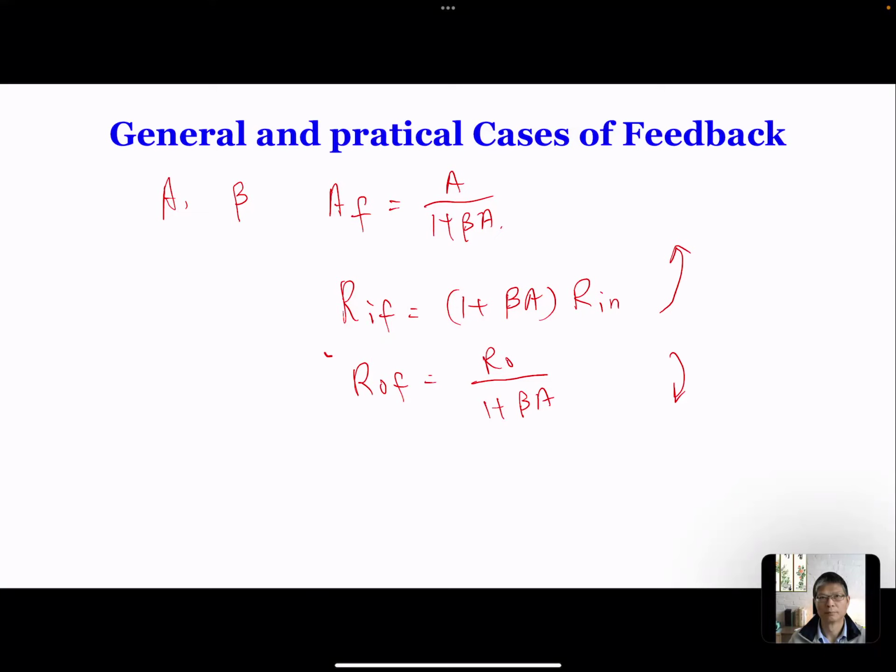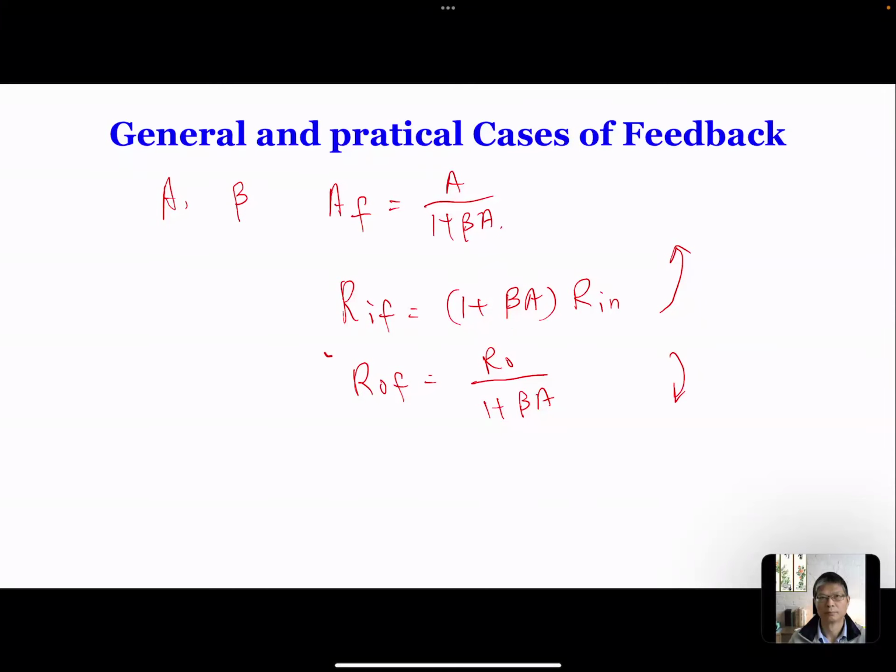I explained many times why it is good to increase input impedance and why it is good to decrease output impedance.